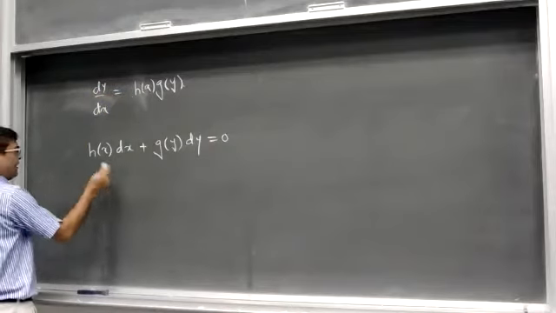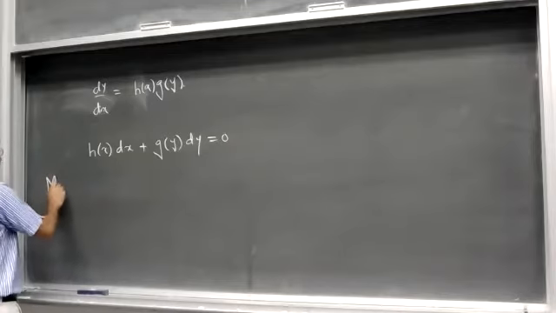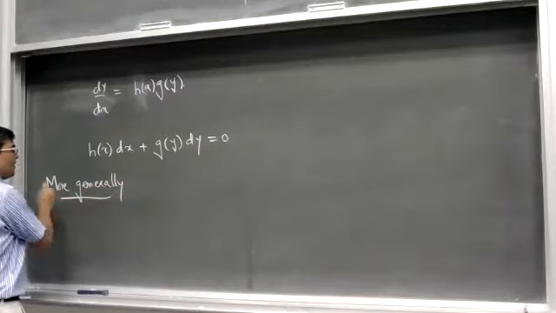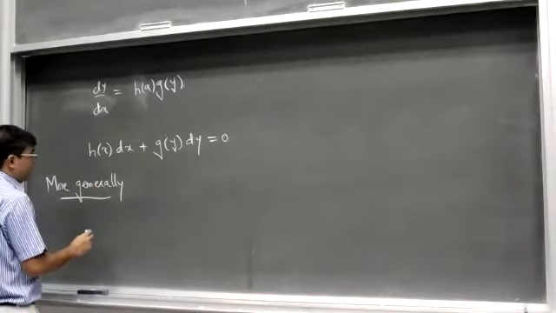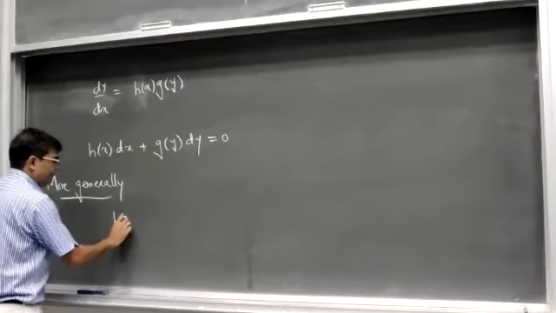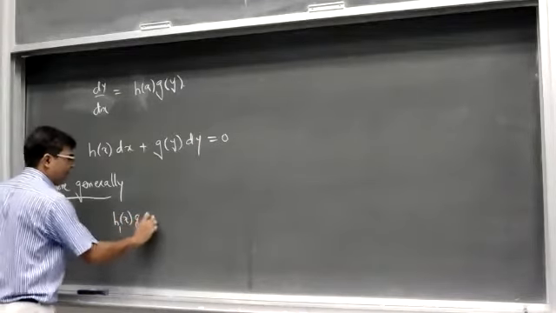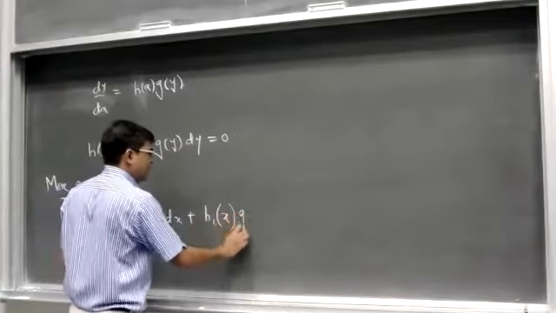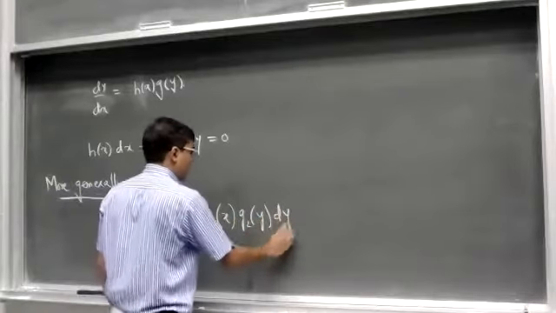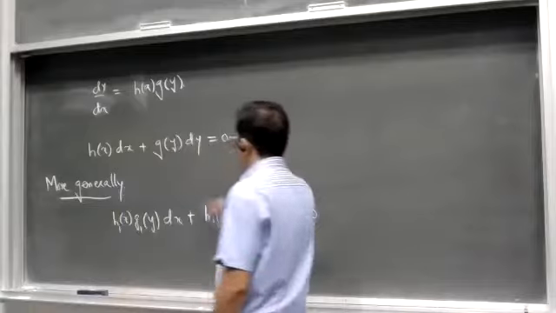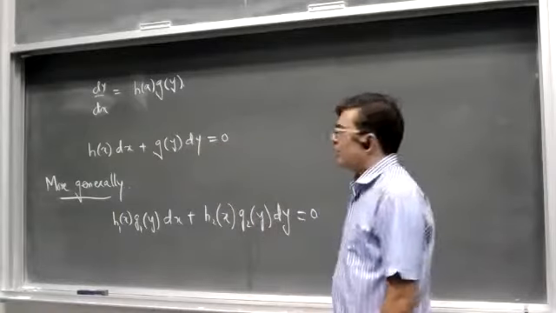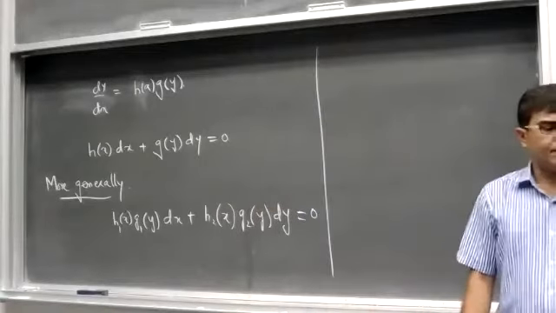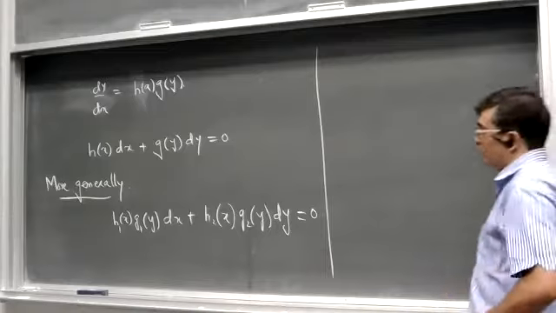More generally, the equation could be of this form: h_1(x) g_1(y) dx plus h_2(x) g_2(y) dy is equal to 0. This is more general than this one. Okay, these three forms of the first order differential equation are separable forms.